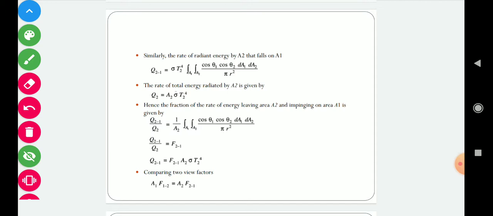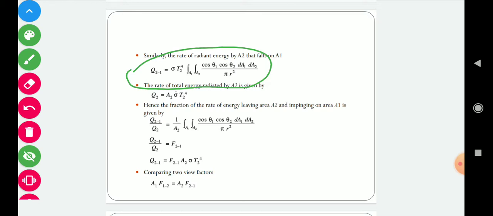Similarly, the rate of radiation energy by A2 that falls on A1. Previously we calculated the amount of energy that radiates from A1 and falls on A2. Now we are taking the reverse, the amount of energy radiated from A2 that falls on A1. Similar to the previous equation, we can write for Q21, that is this one.